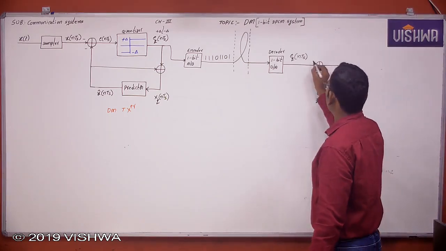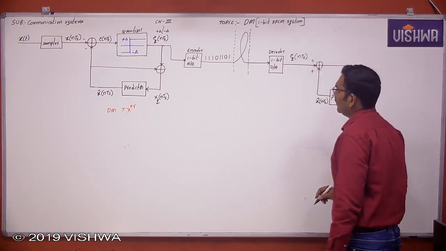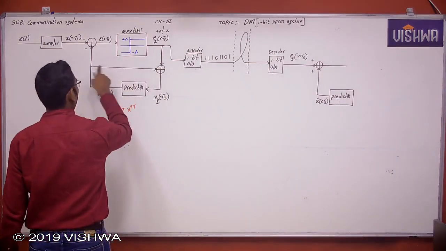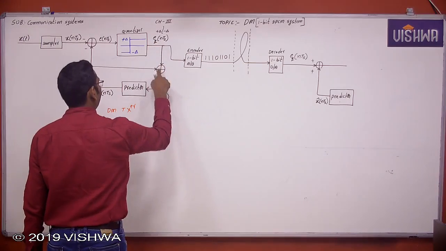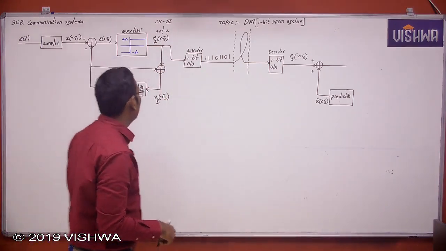Now these are added here. X cap of nTs plus Uq of nTs is nothing but the input to the predictor, am I not? Which is the input to the predictor.